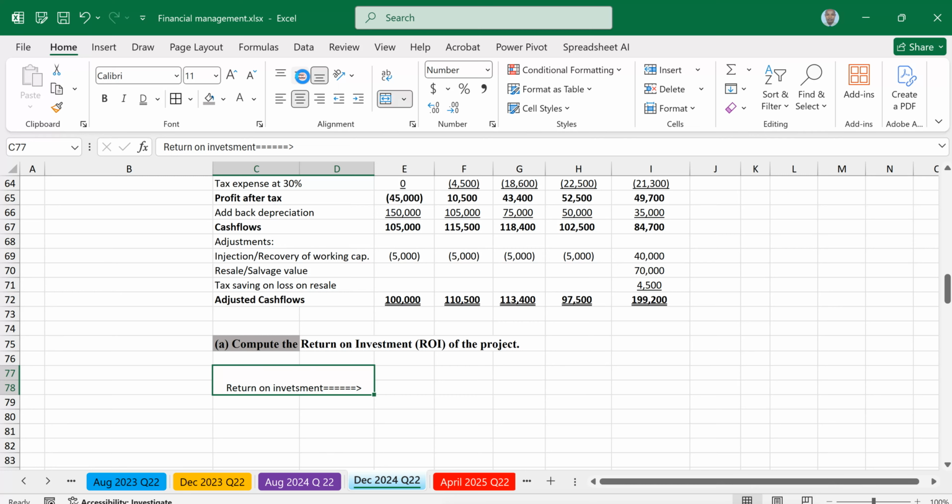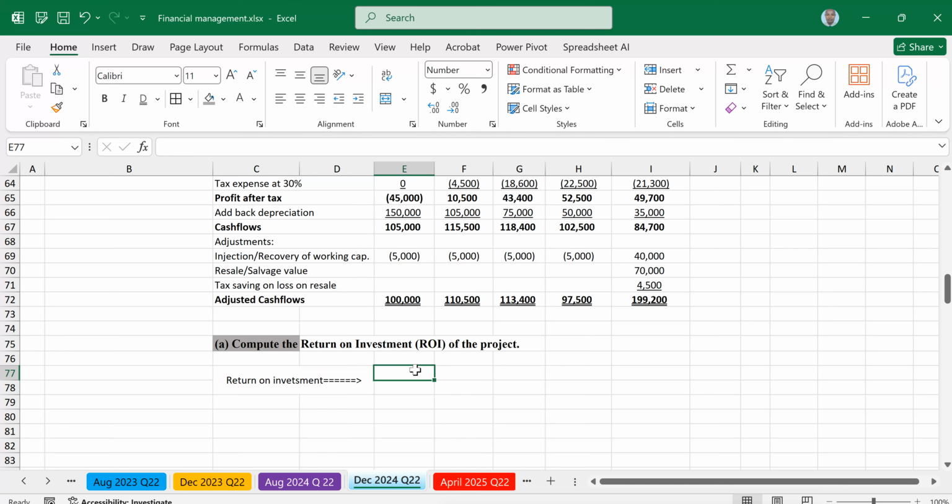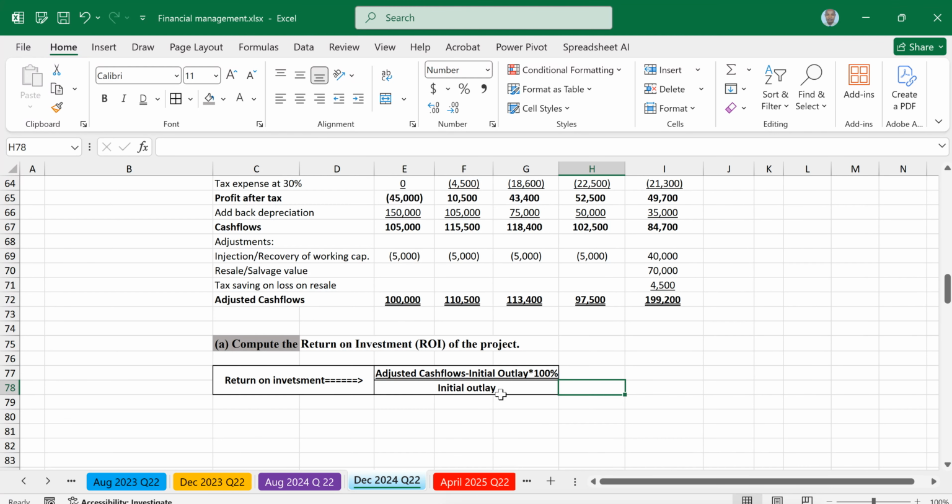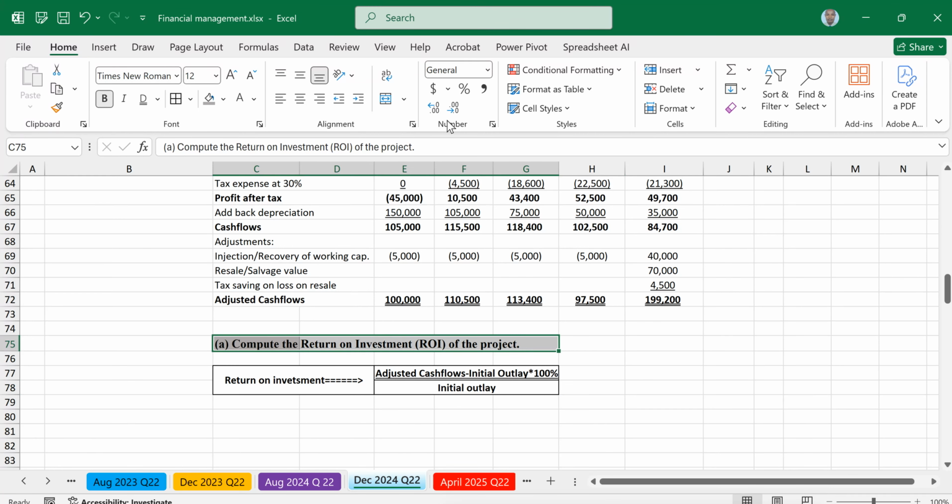The return on investment will be adjusted cash flows minus initial outlay over initial outlay. Five marks. Somebody gave it 5 marks.